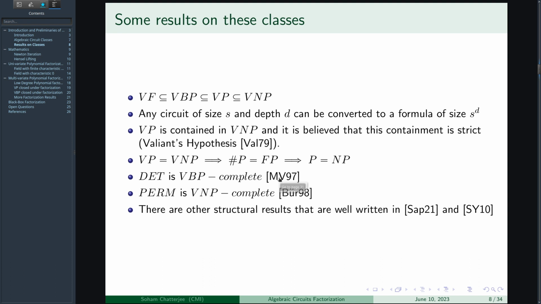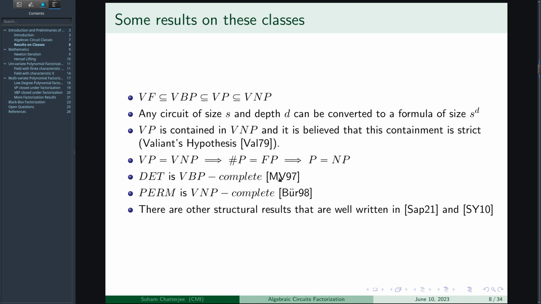This result is in Meena Mahajan's paper. Now the determinant has a polynomial size circuit in VP, so that's why we have VBP in VP. And VP is in VNP, that's obvious.